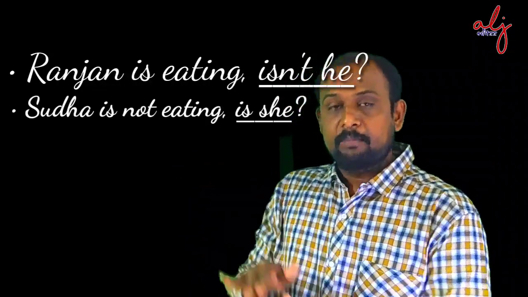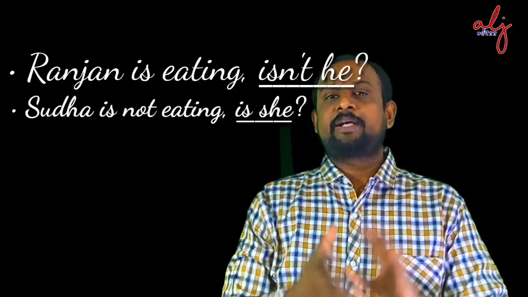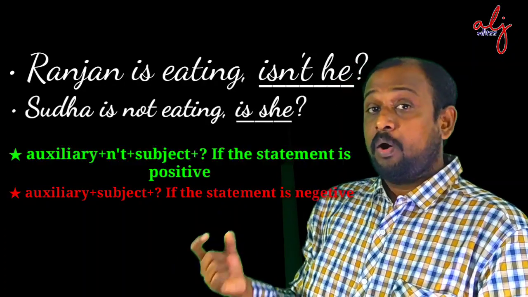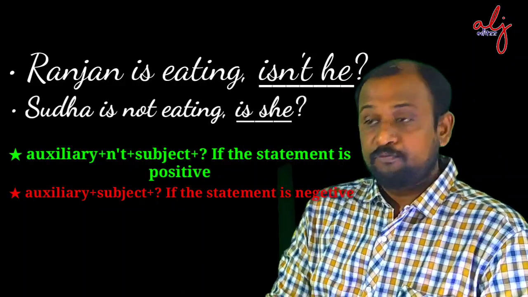So look at number 1 and number 2. The pattern is quite simple. First, we have to pick the auxiliary verb from the given statement.